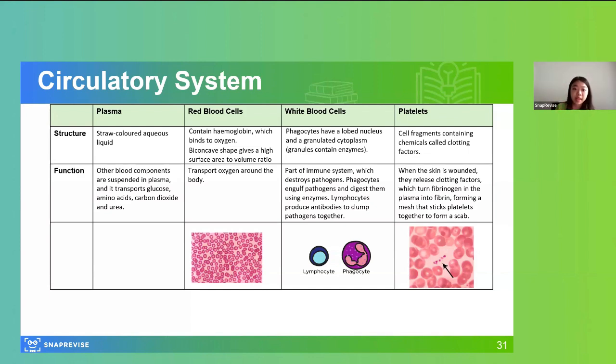Once they engulf them, they digest them using enzymes. As I said, the cytoplasm is granulated, and these granules have enzymes. These enzymes break down the pathogens. The lymphocytes produce antibodies, which also help attack these pathogens. The lymphocytes produce antibodies and they clump pathogens together. So that's white blood cells, part of the immune system.